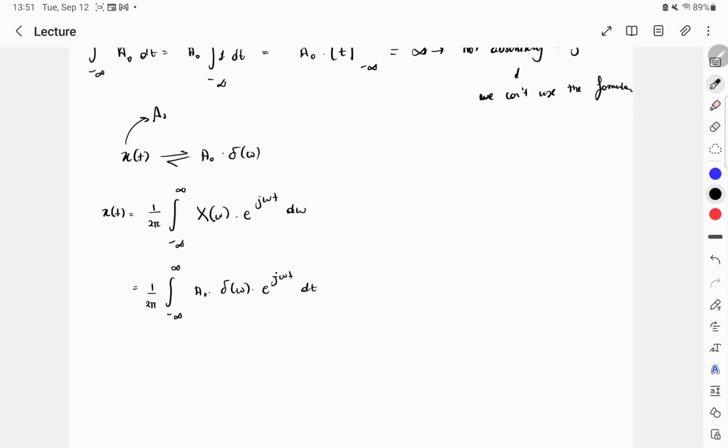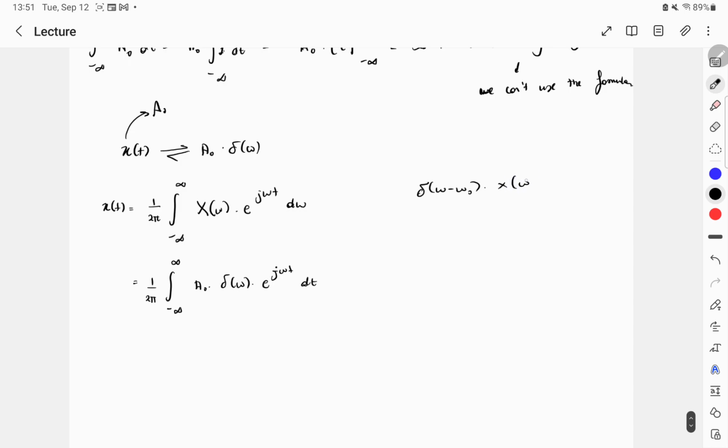And since we have a rule in delta functions, if it is like this and we have omega here, this is equal to omega minus omega naught, as this one takes the value 0 at all values other than omega naught.